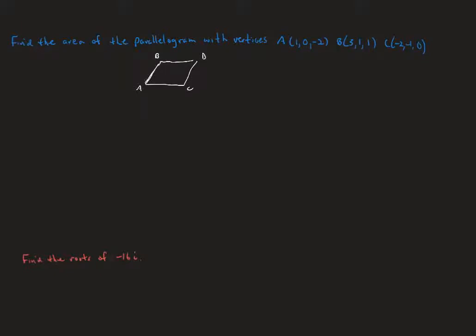If I can find vector AB and vector AC, then the magnitude of the cross product of vector AB crossed with vector AC, that vector will come out perpendicular to those, and its magnitude is going to be the area of that parallelogram.